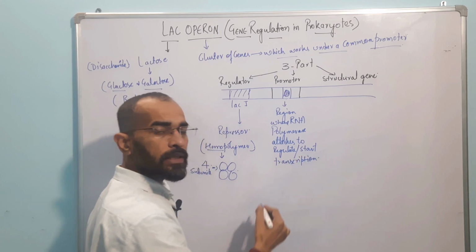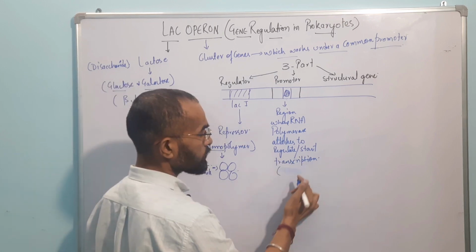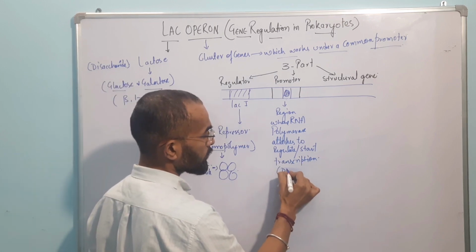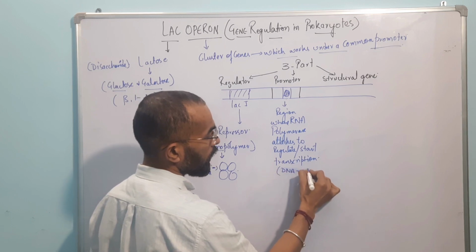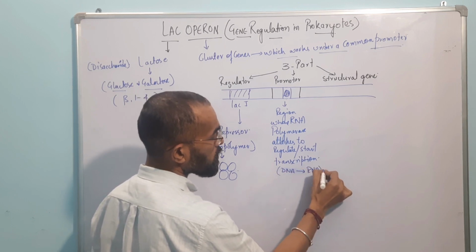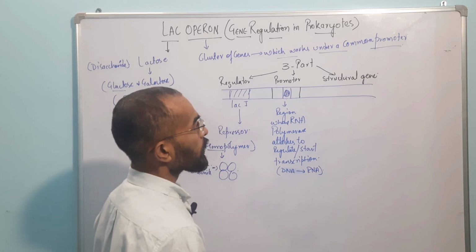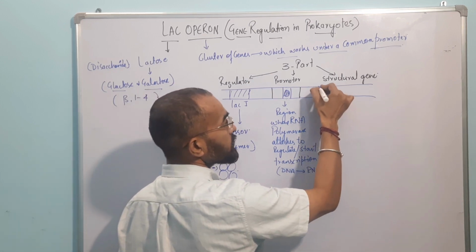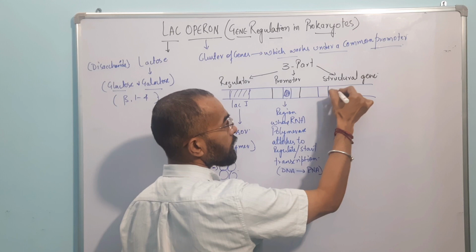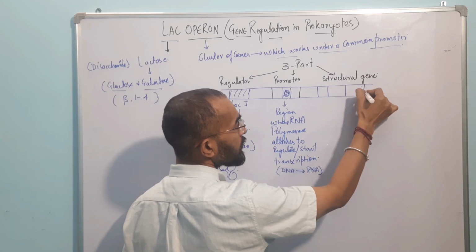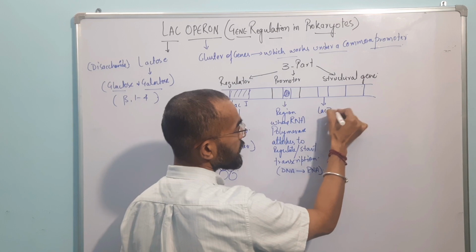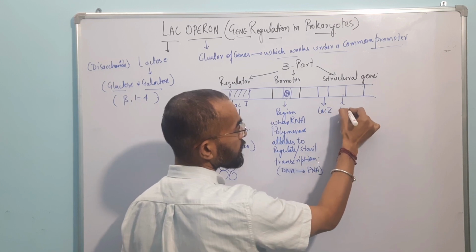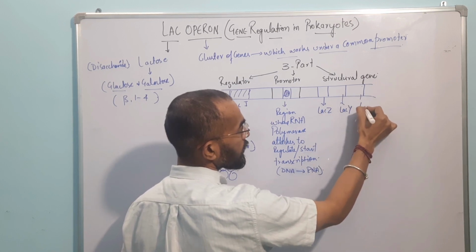We all know transcription. What do you mean by transcription? Transcription is the formation of RNA from DNA. Okay. Now, the structural gene here is composed of 3 structural genes, that is lac Z, lac Y, and lac A.